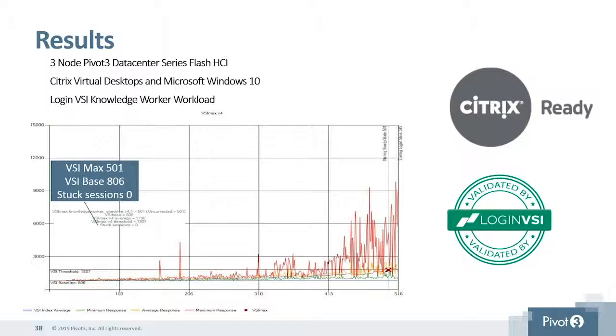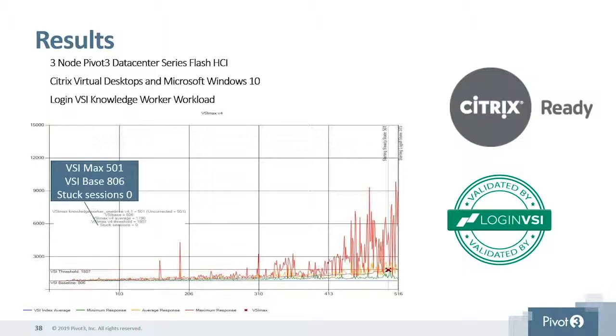The base at 806, very close to that very good result. And as Blair pointed out earlier, the stuck session count is 0. Nothing got stuck in this particular testing, and those results were repeated multiple times to receive that validated by Login VSI result here.